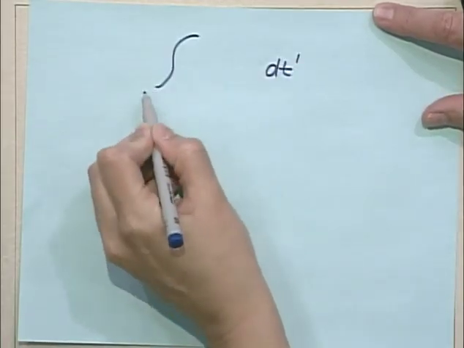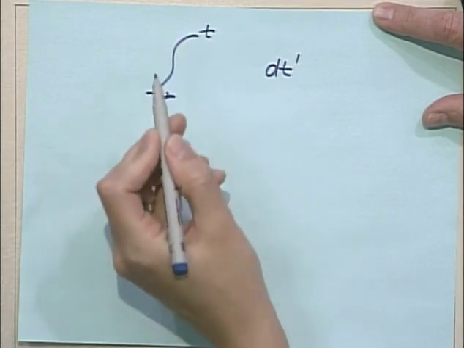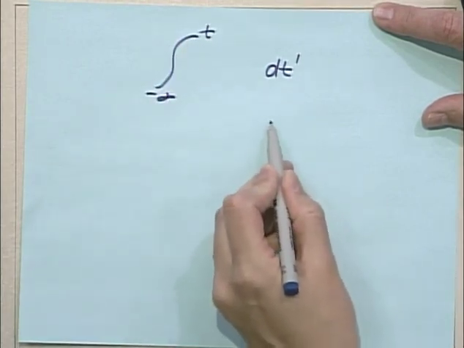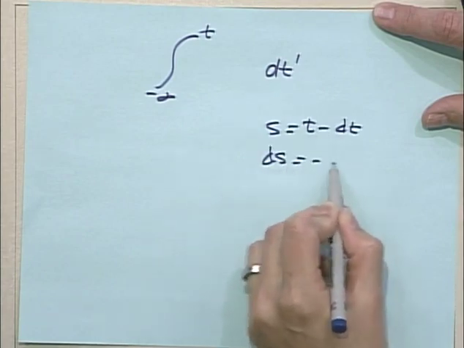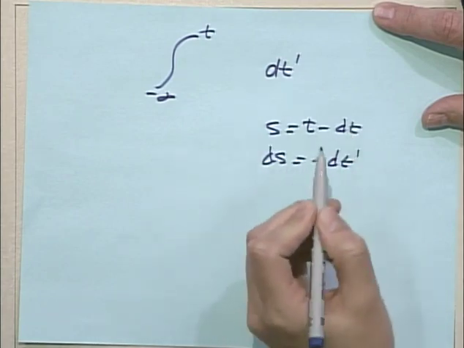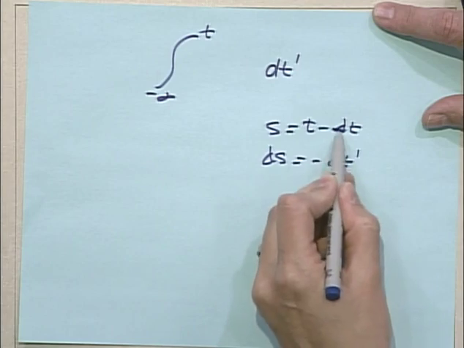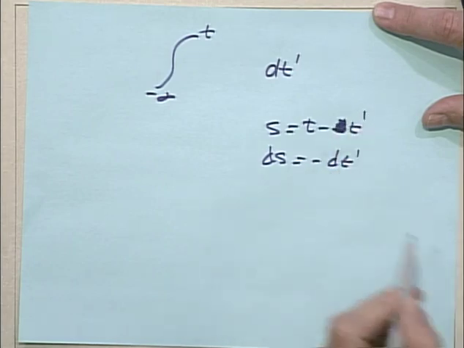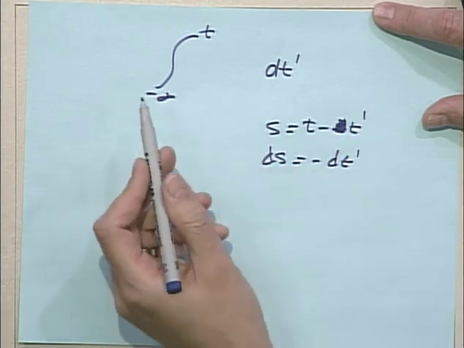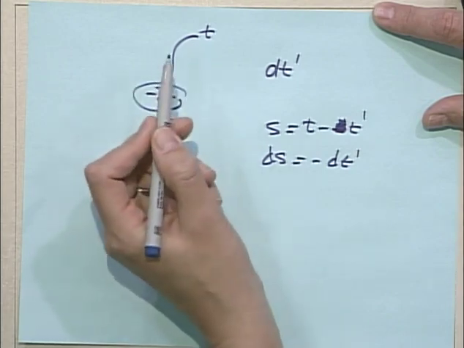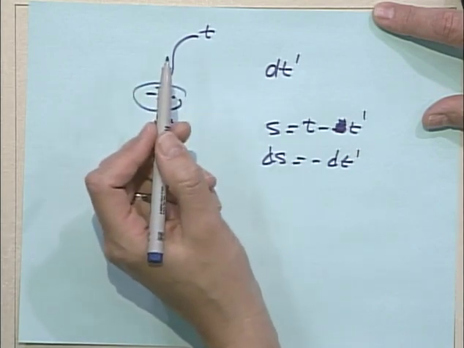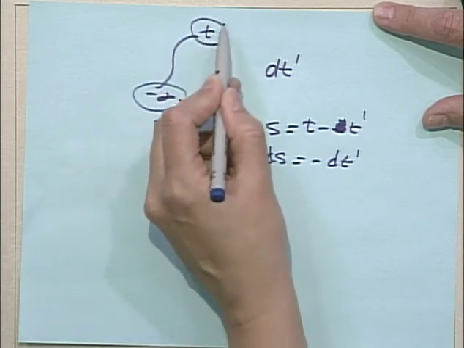Okay. So it's the integral from minus infinity to t, and then remember that s is equal to t minus t prime. So ds is minus dt prime. And so when you switch to s, this becomes infinity. This becomes 0.